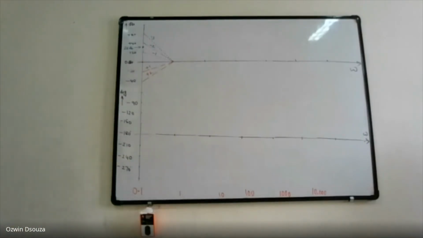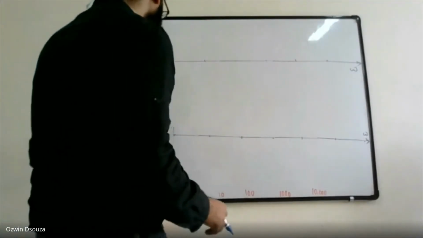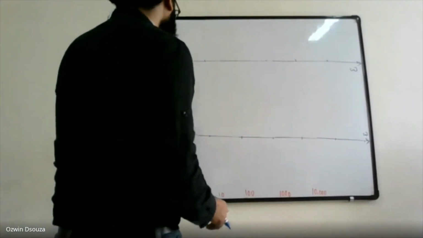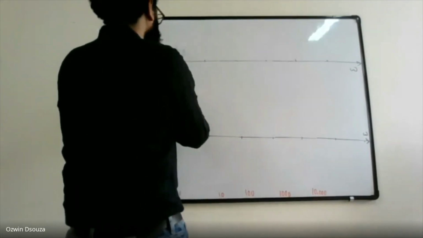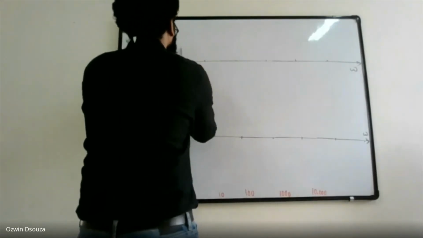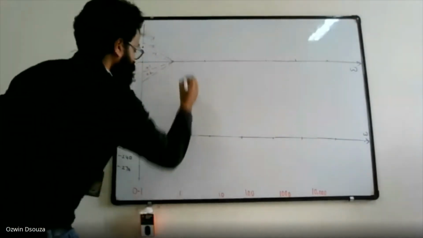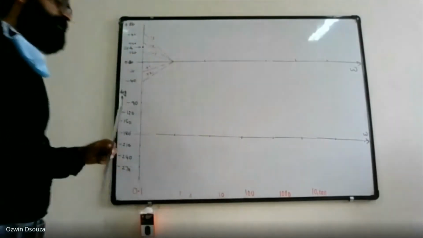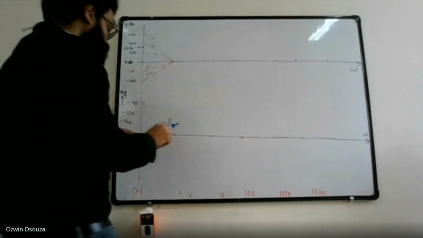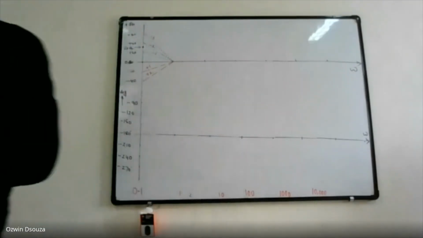So you first have to identify 2 radian per second. This is 1, right? So 2 radian per second will be somewhere over here. Just put a small mark, and similarly here you write 2 radian per second. Okay, fine. Watch carefully.